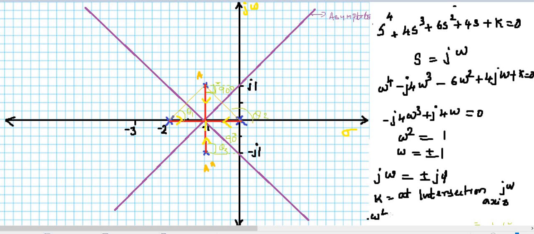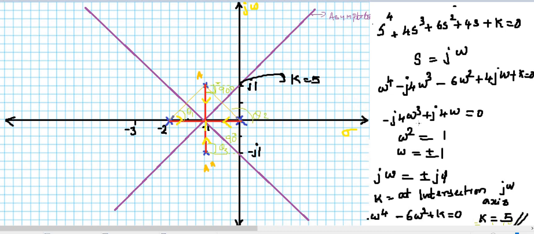So that will be omega raised to 4 minus 6 omega square plus k equal to 0. By substituting omega square equal to 1, we will get k is equal to 5. This is the value of k at the imaginary axis, or at this point of intersection here. Here the value of k is equal to 5.